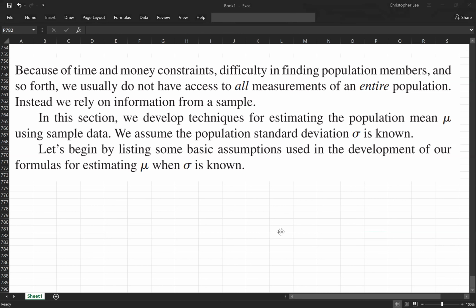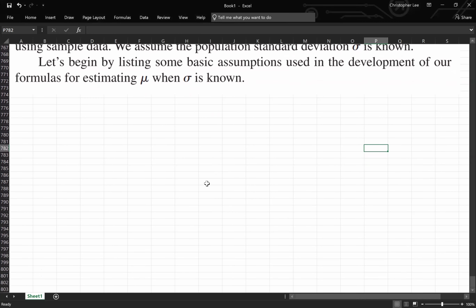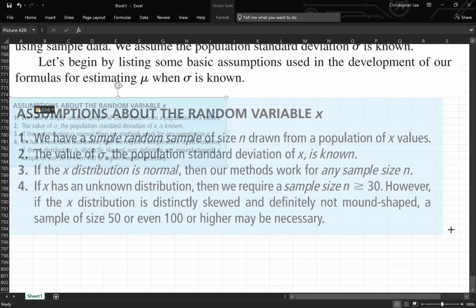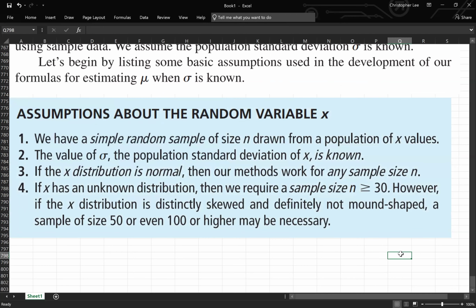There's some good stuff right here. They always tell me not to assume, but we're about to make some assumptions. All right, so assumptions about the random variable x. We have a simple random sample of size n drawn from a population of x values. The value of sigma, the population standard deviation of x, is known.